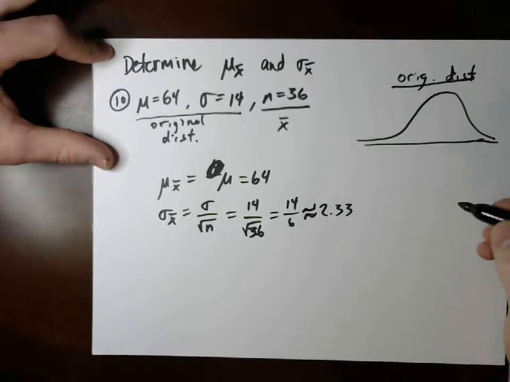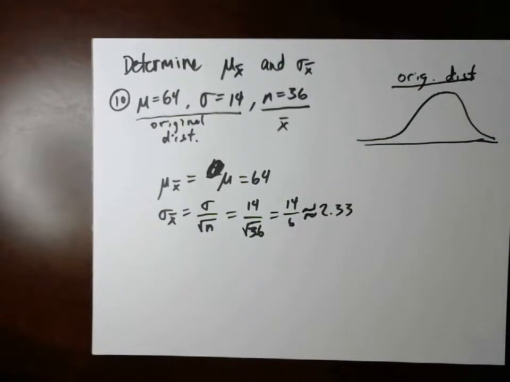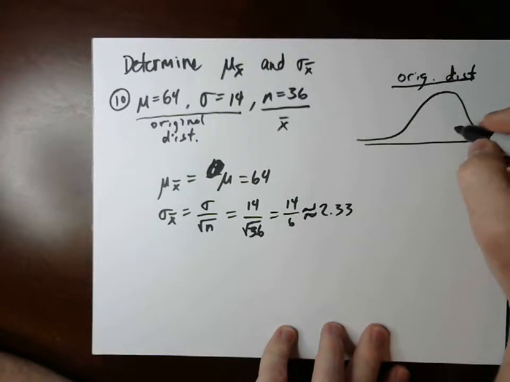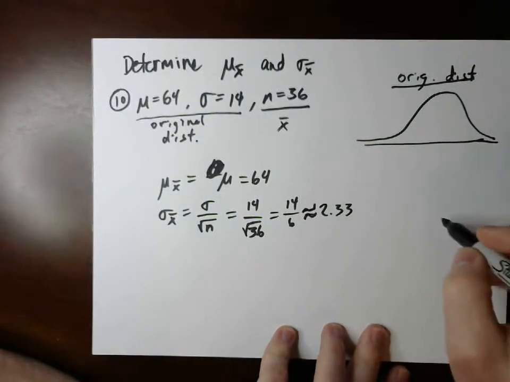So we have just determined sigma of x bar, 2.33, using the equation sigma over the square root of n. So the original distribution is actually going to be wider.